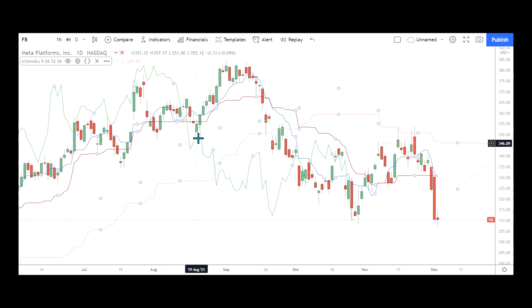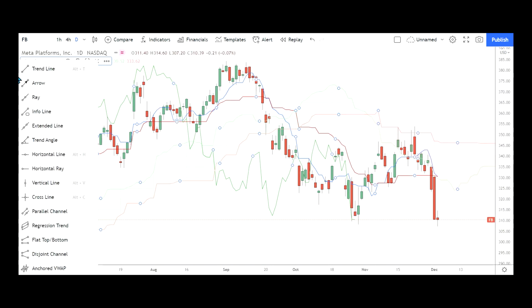You can see here it's the green line right here. And we want to see the green line below the price. So it's just basically right here. So for extra confirmation, if it's below the price here, then it just gives us greater confidence that this trade will head even lower.